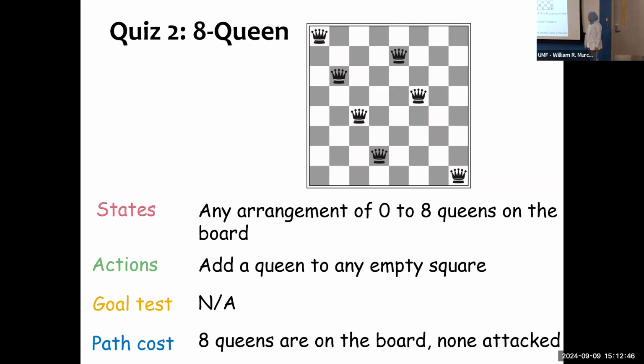So we have again the states, actions, goal states, goal test, and the path cost. What suggestions or definitions do we have here? Any arrangement of 0 to 8 queens on the board. What is this?